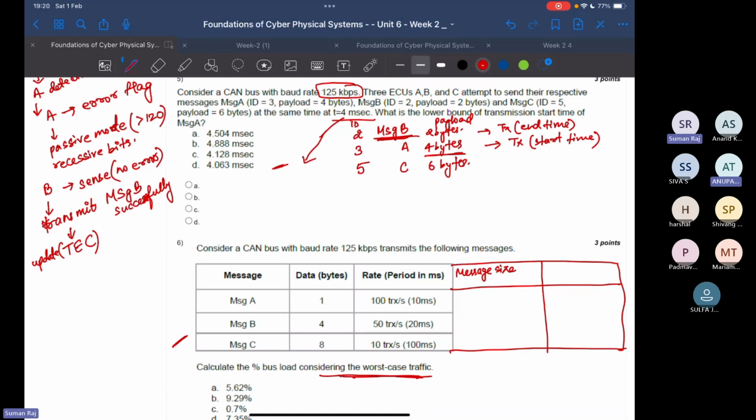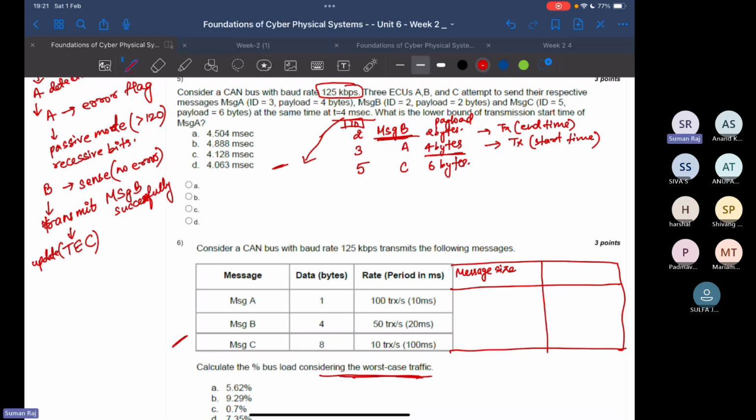I'm not able to understand the previous question because, say, suppose 4 millisecond, priority of message B is more as per ID. 4 millisecond is not your priority. No, 4 millisecond is the time. So what I want to say, the first B will happen because of the lower ID. So 4 millisecond it will take. Second will only start after 4 millisecond, na? Yes, correct.